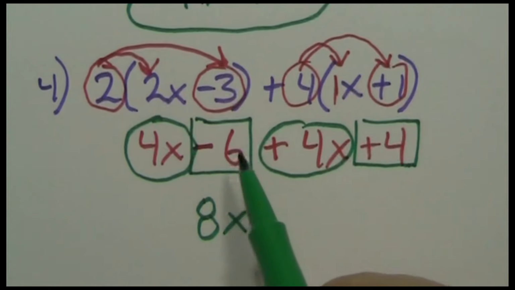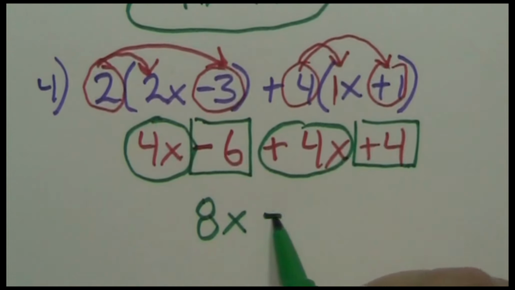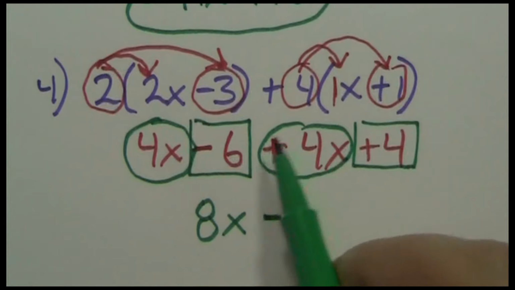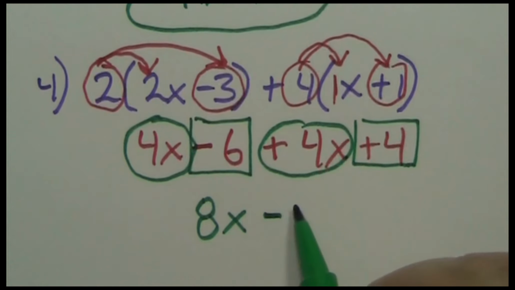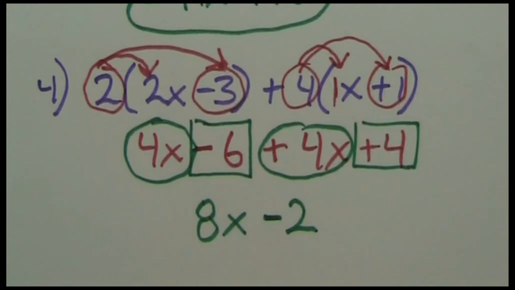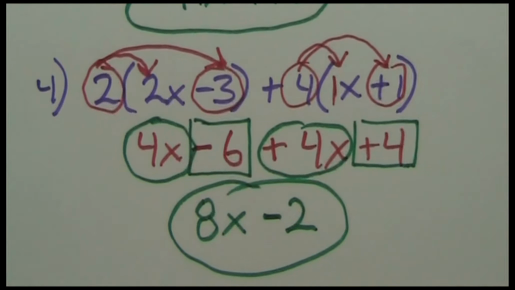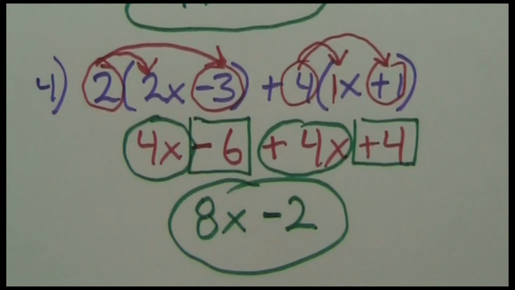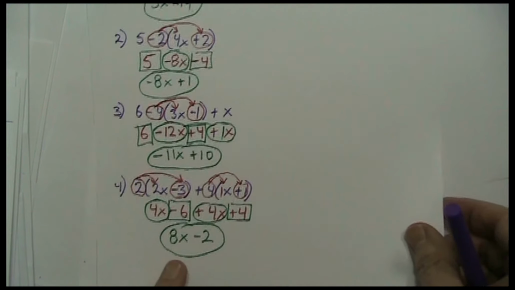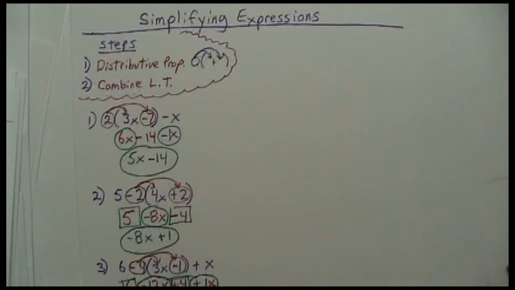Okay, there's more negative, so the answer I know is negative. I mean, this part's negative. And that would be 6 take away 4 is 2. And there we go. Simplified.